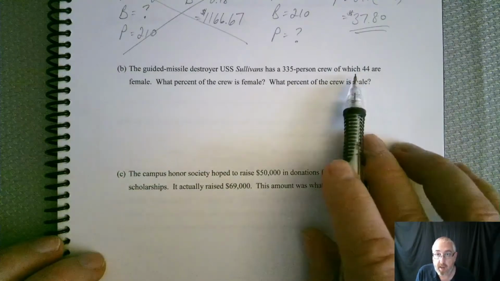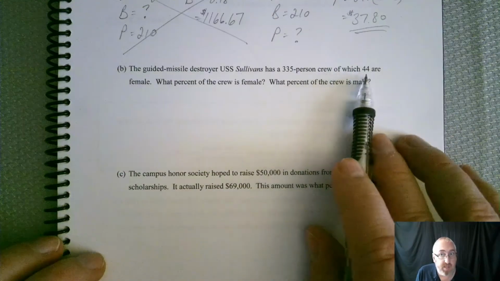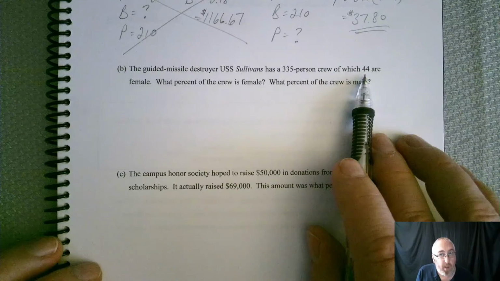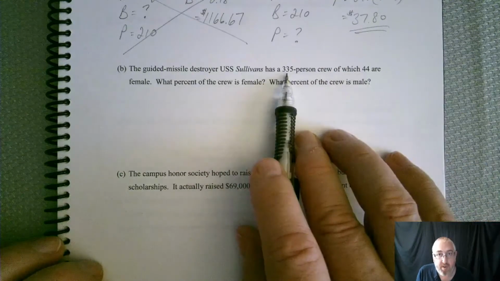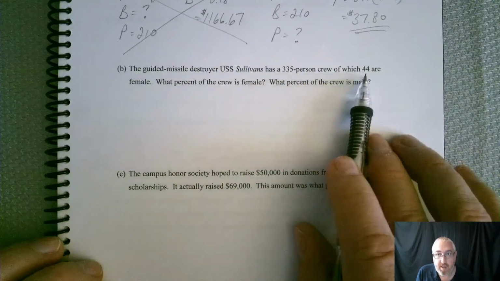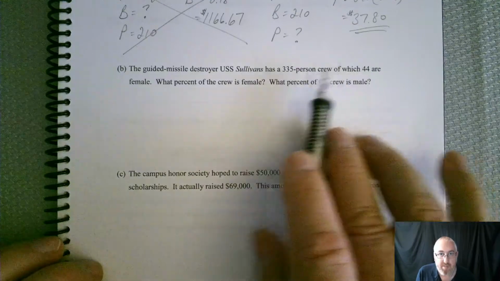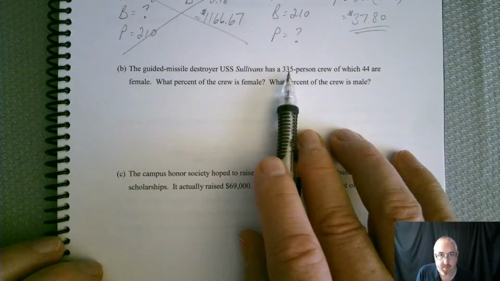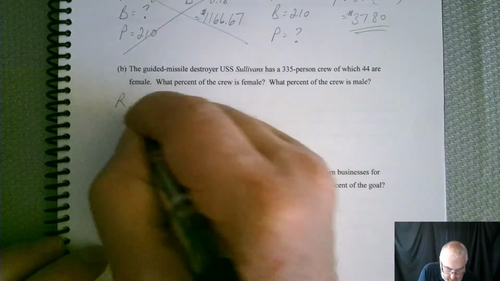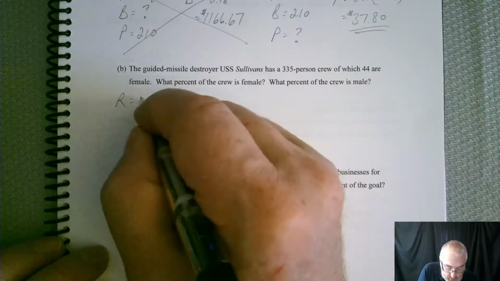So because this follows the word of, is this the base? Well, 335-person crew is not smaller than the 44, so the 44 can't be the base. So that must mean that this is the base. So R is something we don't know.